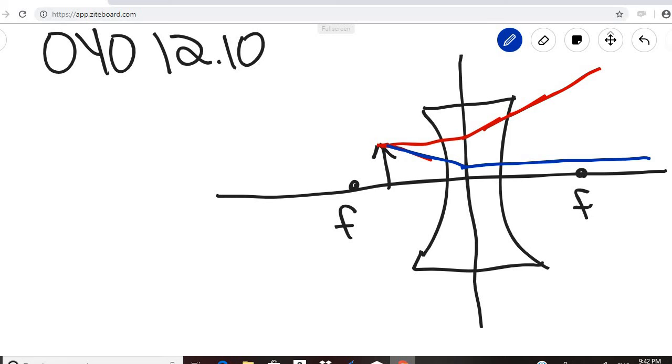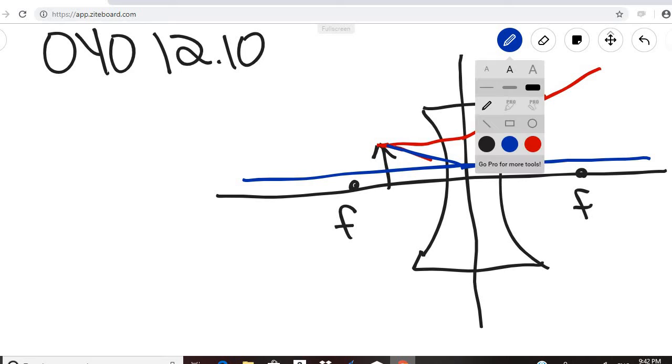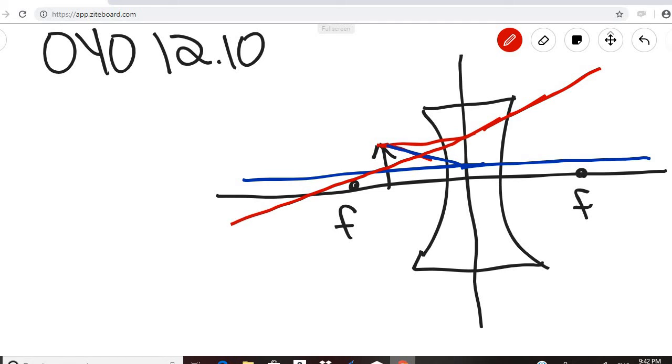We can see they do not intersect with each other, so we'll have to extrapolate the blue one out here, and we will need to extrapolate the red one out here.